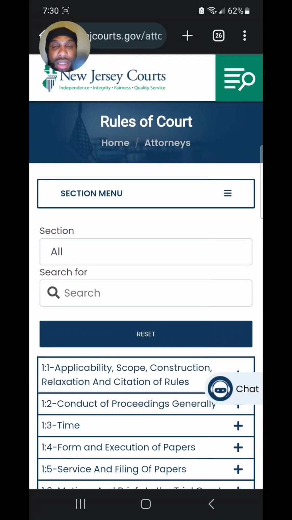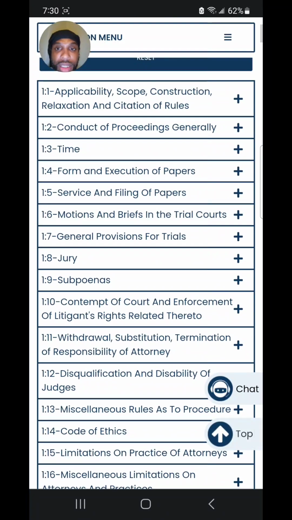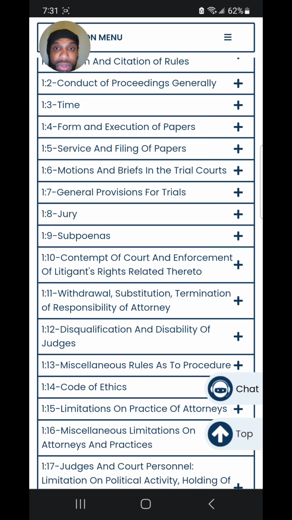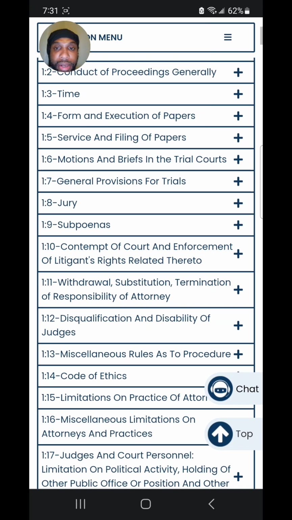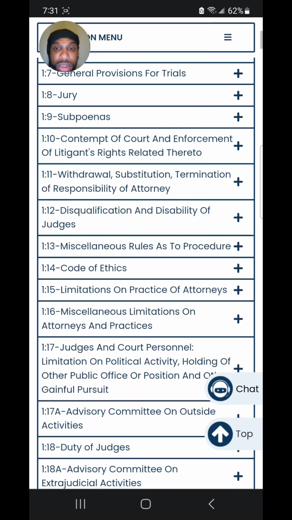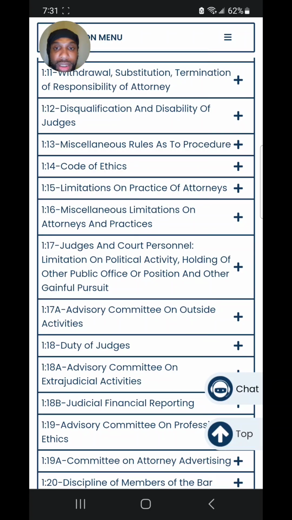This is the New Jersey courts.gov. Right here, they got a lot of stuff in here. Forms and execution of papers. That's something we got to look at. Jury subpoenas, disqualification, code of ethics.